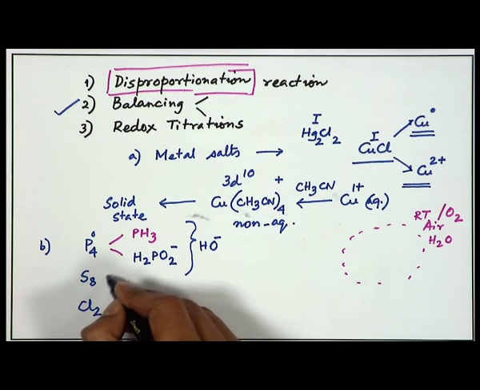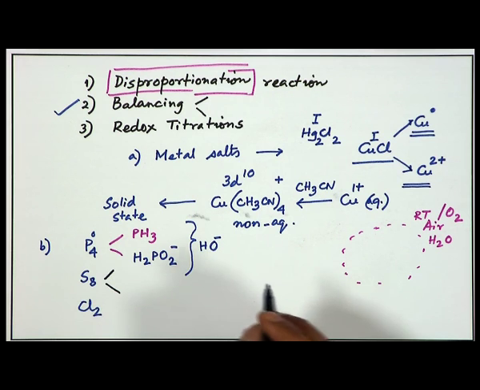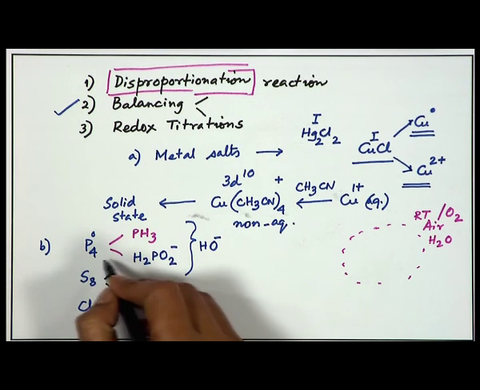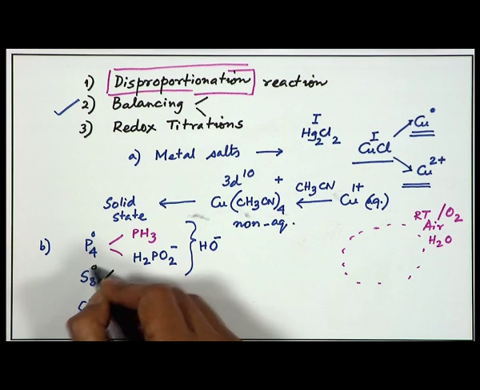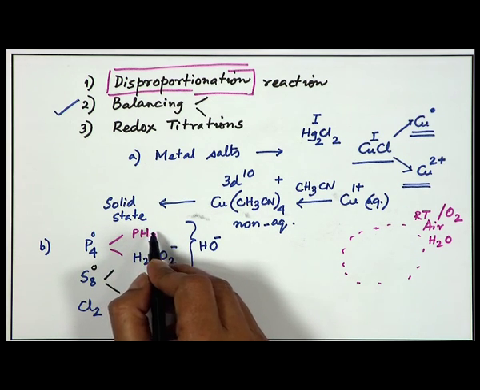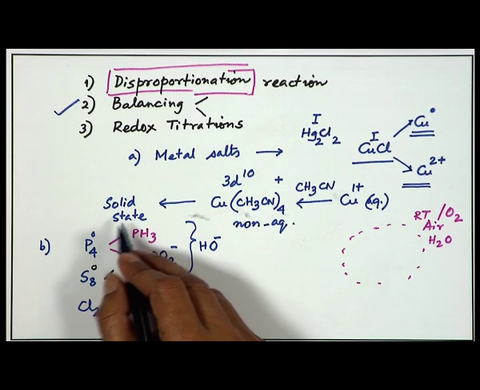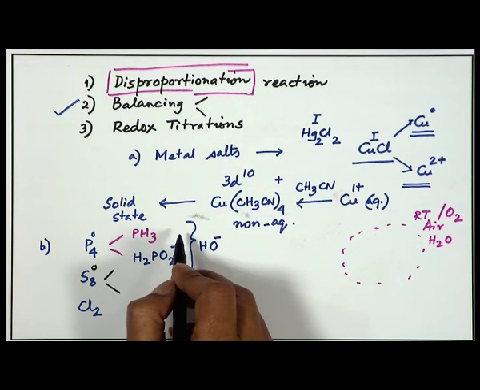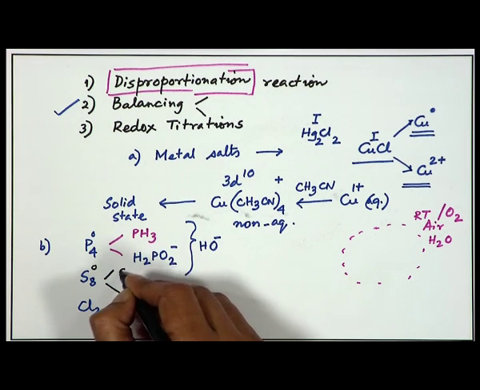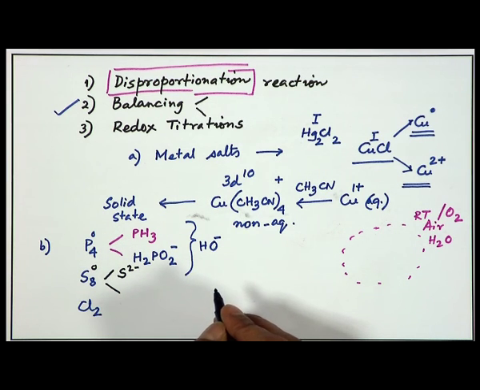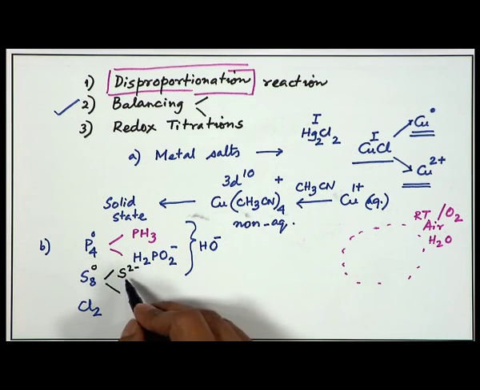Similarly, for elemental sulfur, obviously it is in zero oxidation state. When it goes to the reduced form, it can give H2S, hydrogen sulfide, so the reduced form is the sulfide ion.